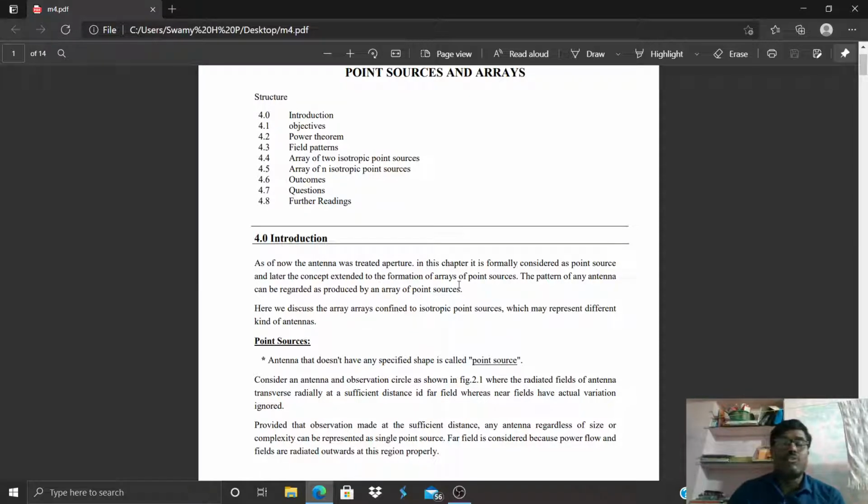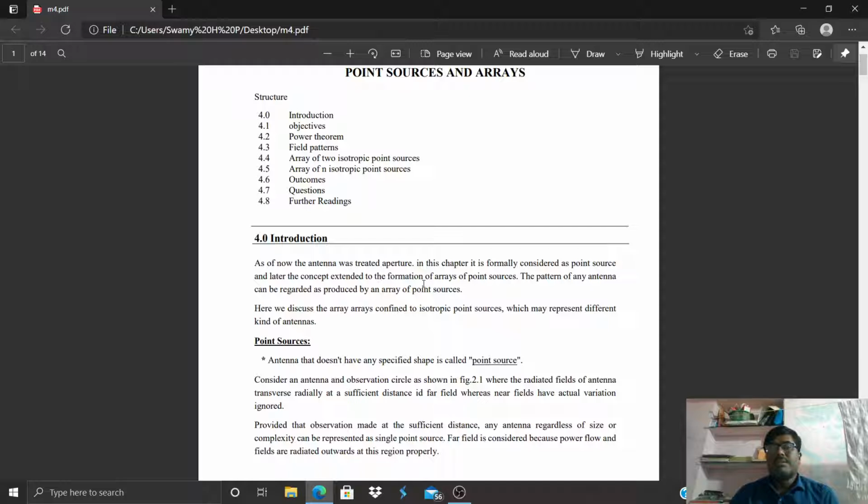It emits the electromagnetic energy into space. Later, this point source concept is extended to the formation of arrays of point sources.